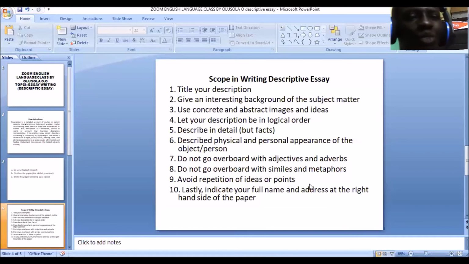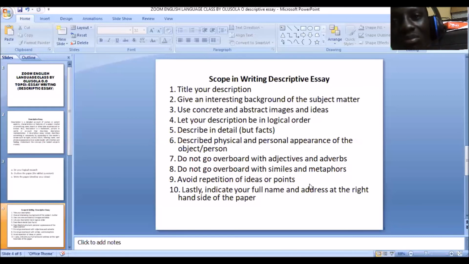Also, do not go overboard with similes and metaphors, particularly when you want to describe an object. Then likes or direct comparison. No. You don't need to borrow too much figurative expression.